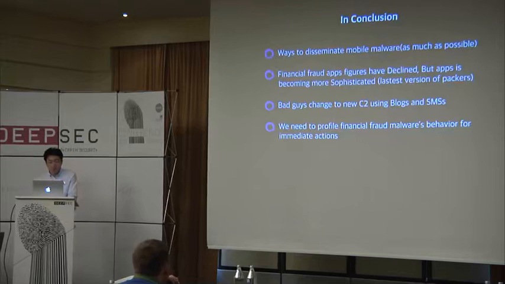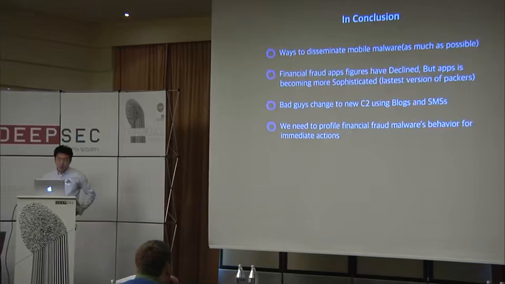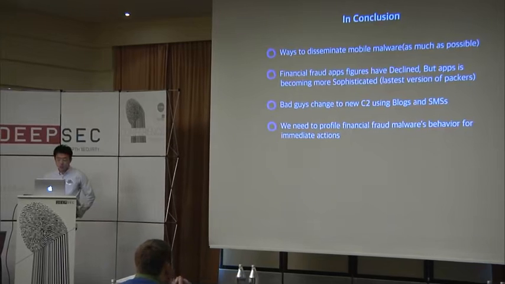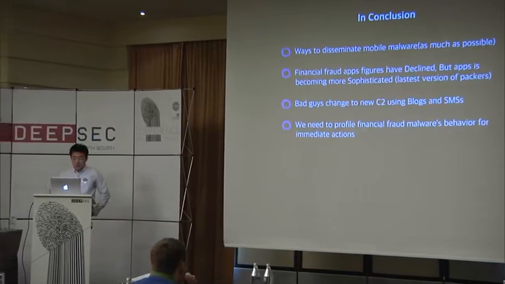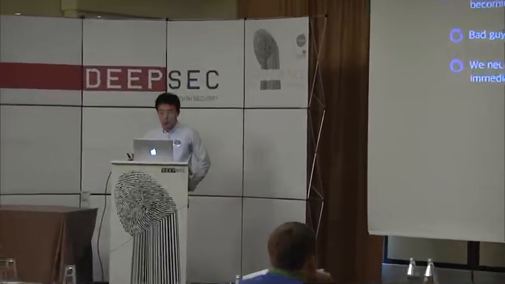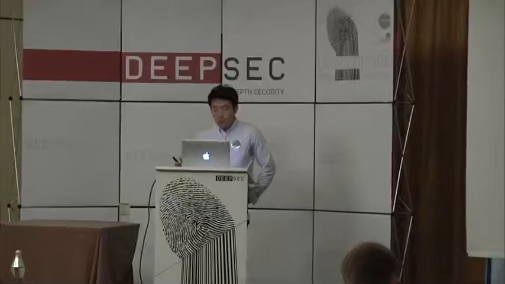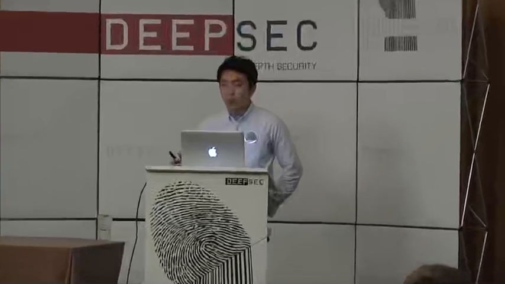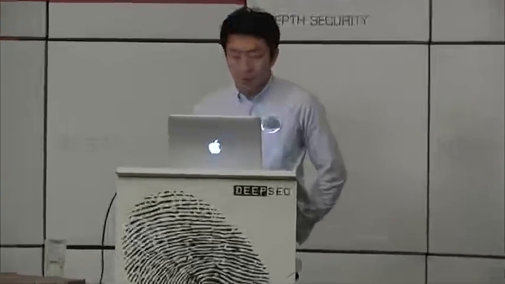Let's briefly summarize what we have covered. Most financial malware was designed for smishing in Korea, and even nowadays in other countries too. And bad guys continually distribute it by various ways, such as smishing, compromised web servers, and home routers.